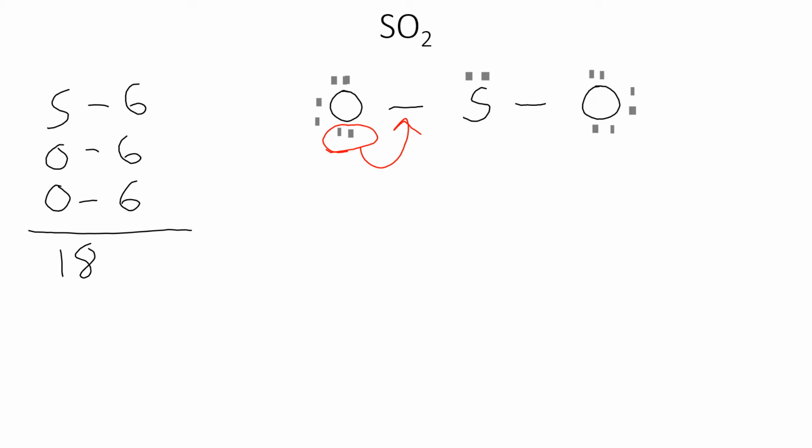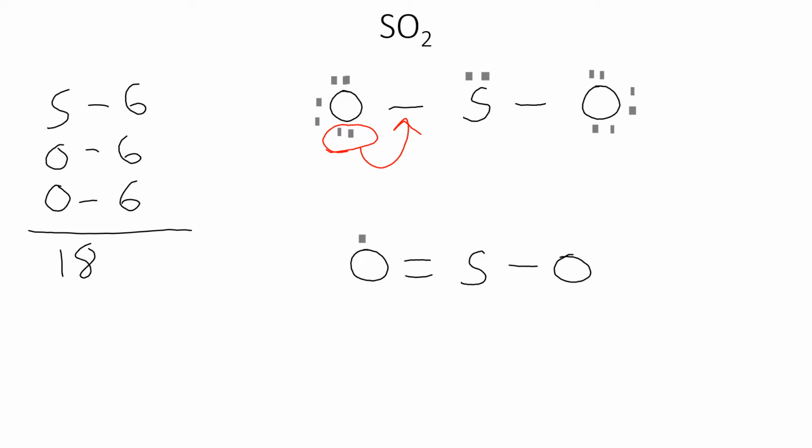Now I'm going to draw out the actual result of that. I'm going to leave everything else the same except for that change. So now I'm going to have a double bond between that sulfur and the oxygen. The one on the right will still show as a single bond. And now I'm going to make my lone pairs.